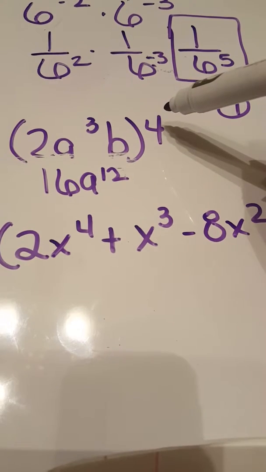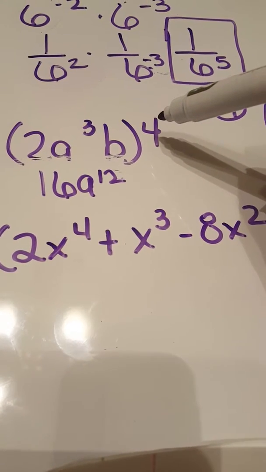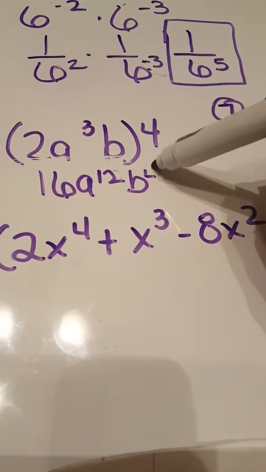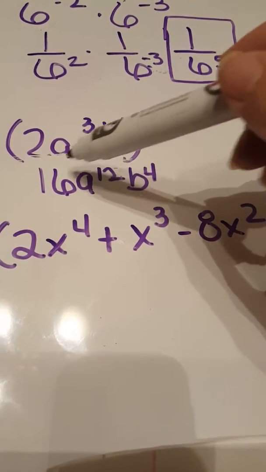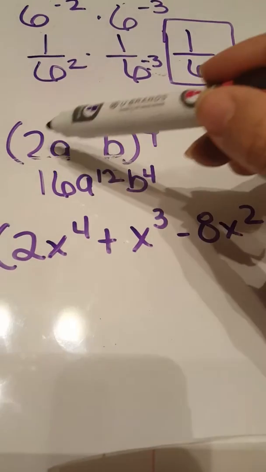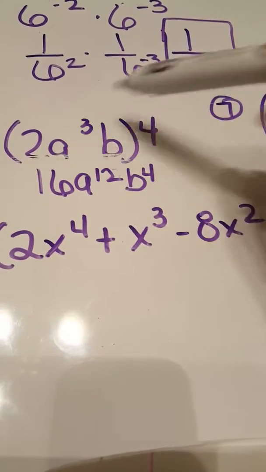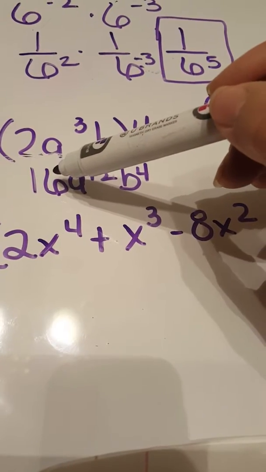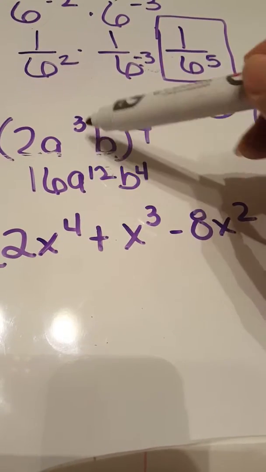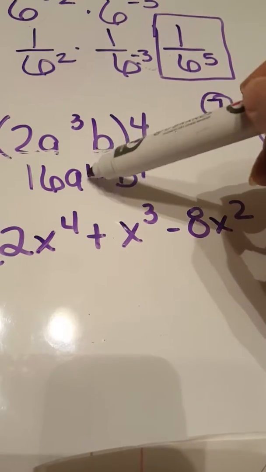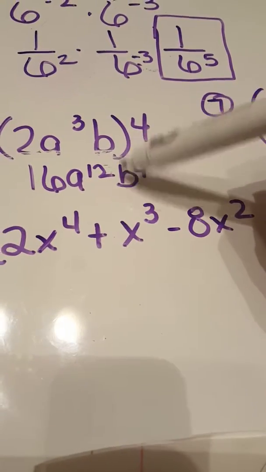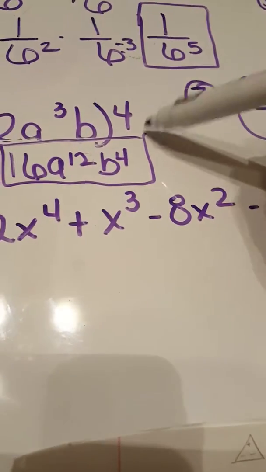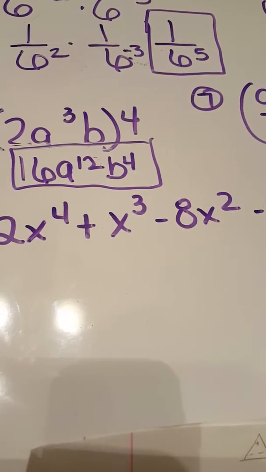Then we do the b to the fourth. So we have 2 times 2 times 2 times 2, which is the fourth power, giving us a 16. And then a, and then you go 3 times 4. That's your 12th power. And then b, giving you a fourth power. And that's your answer.